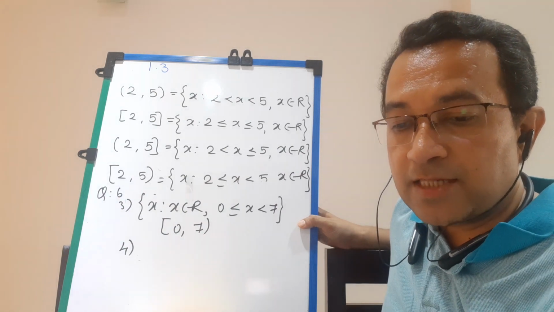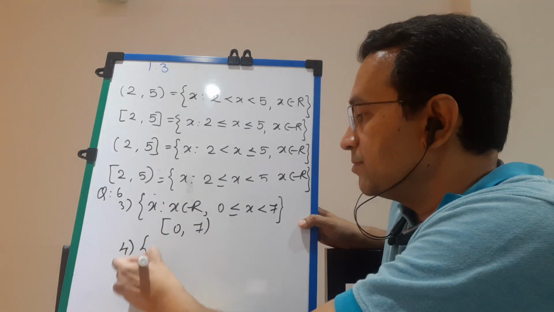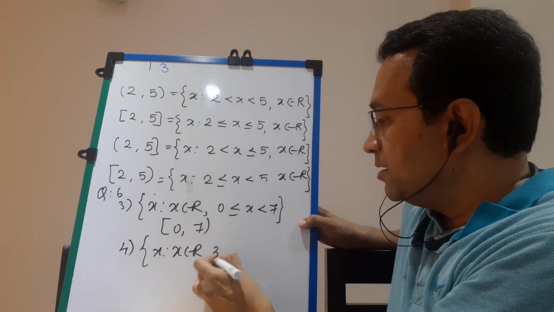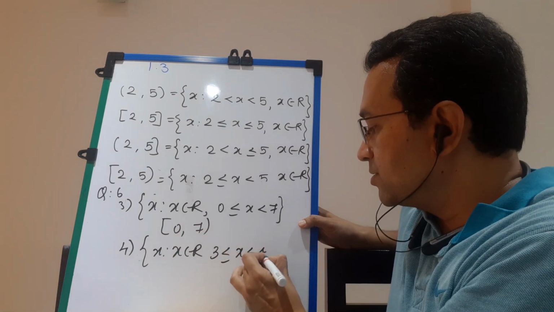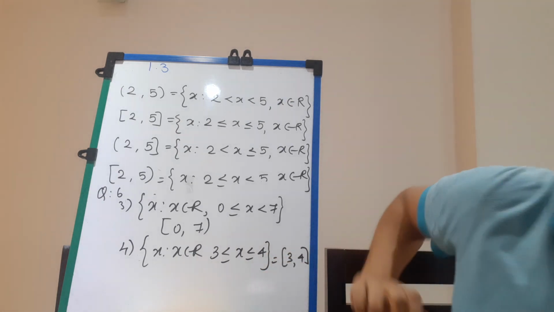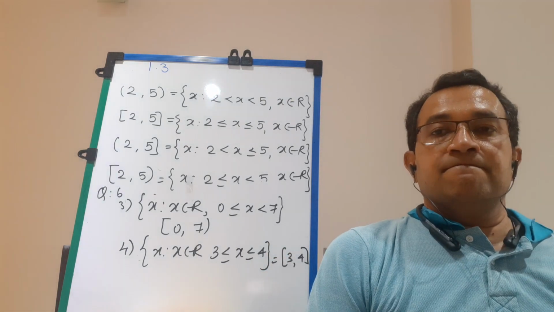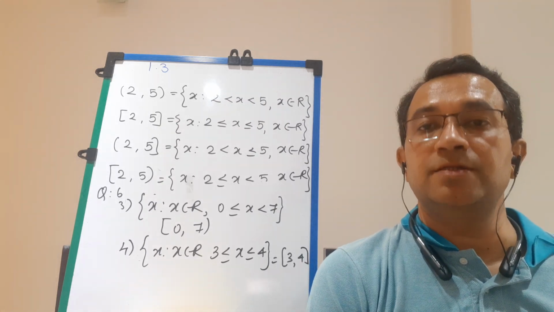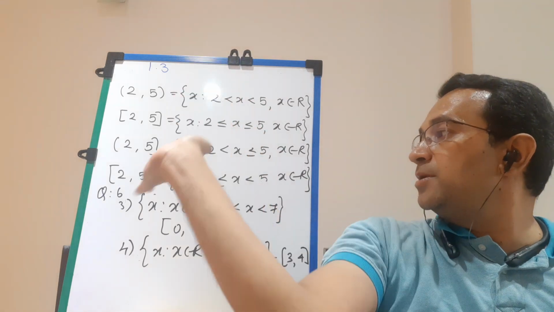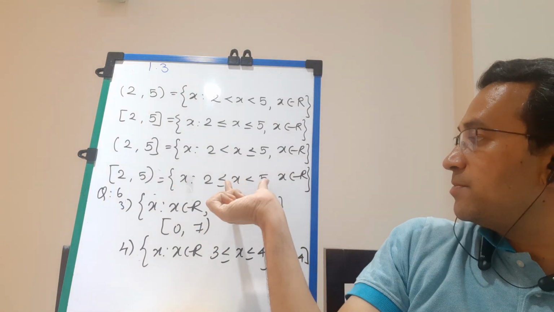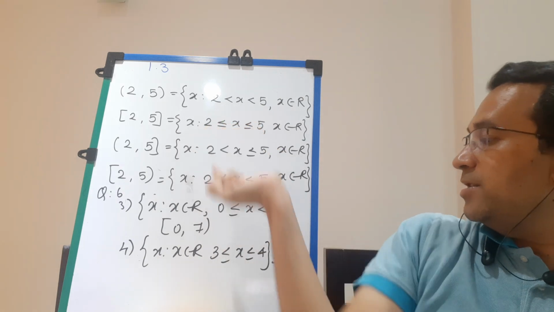Fourth, x such that x belongs to R and 3 less than or equal to x less than or equal to 4. Both sides are equal to, so closed 3 to 4. So this is how, students, we apply. Nothing difficult. These 4 examples I have kept on the board so that you can immediately check which one is applied.